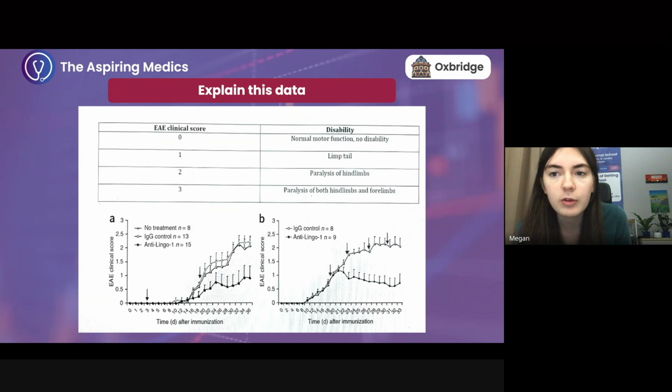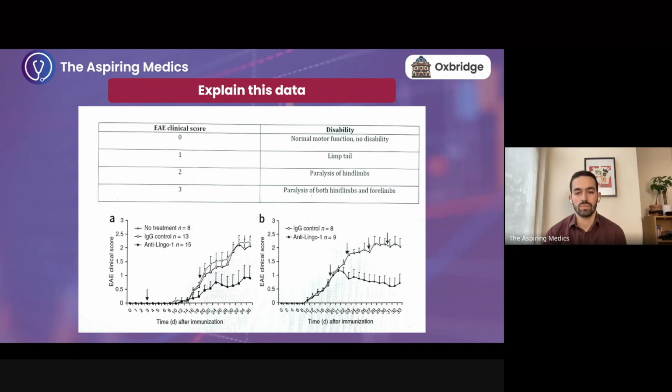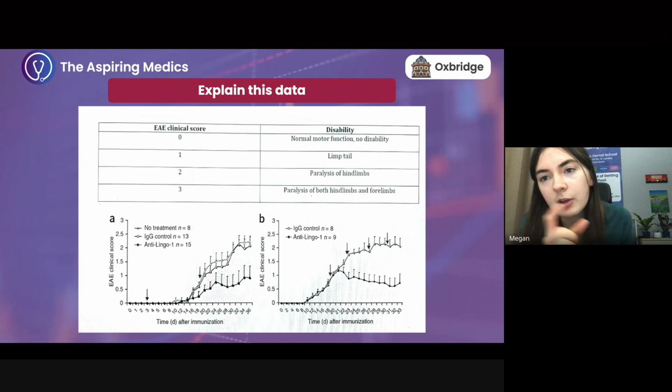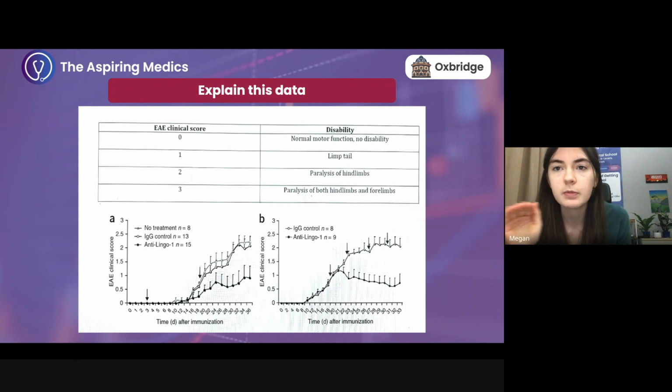They both end on the same EAE clinical score. So you'd probably need to keep injecting the anti-lingo relatively regularly because we don't have data. We do kind of have data for this, but in B they keep injecting the anti-lingo treatment and it kind of keeps the EAE clinical score relatively plateauing or almost decreasing slightly.